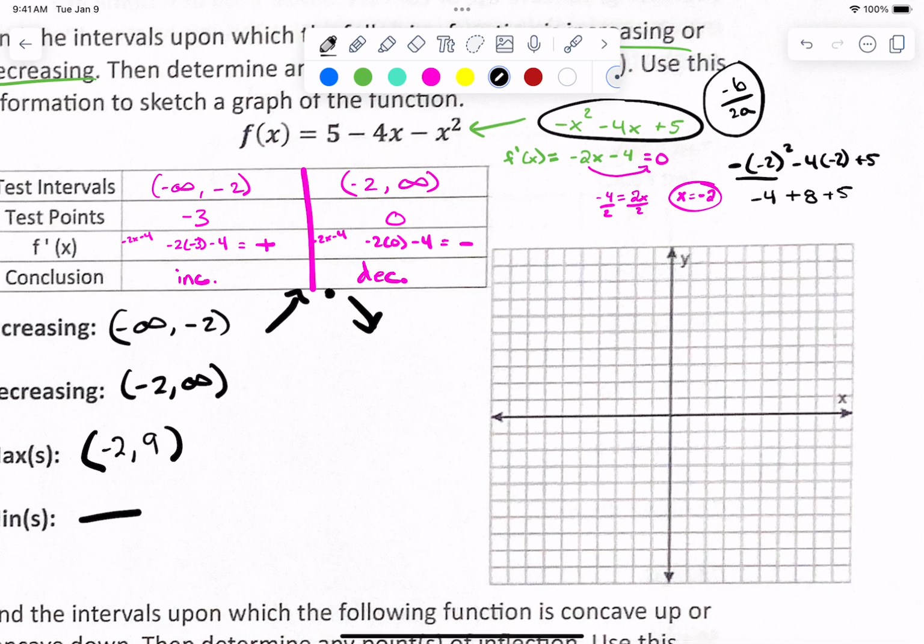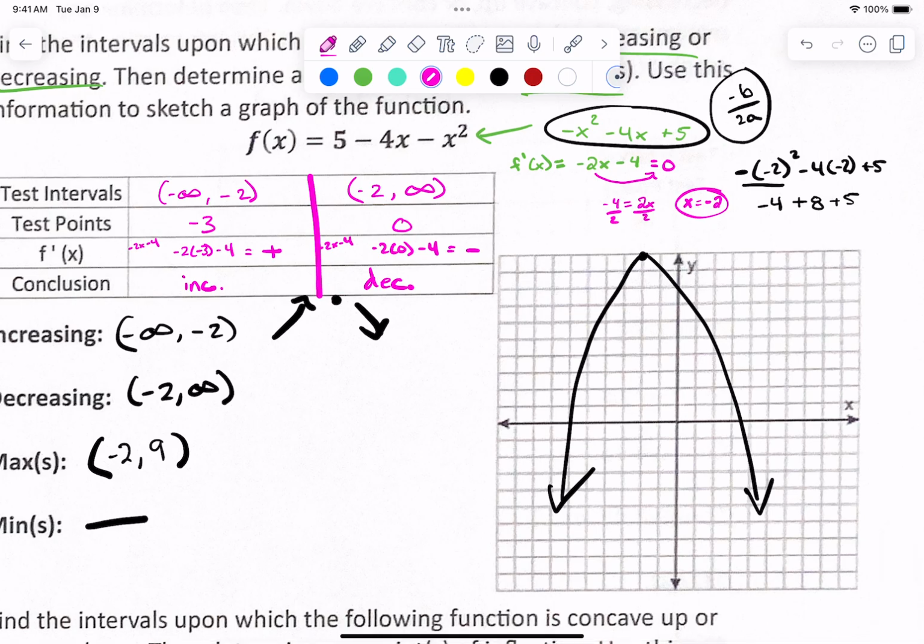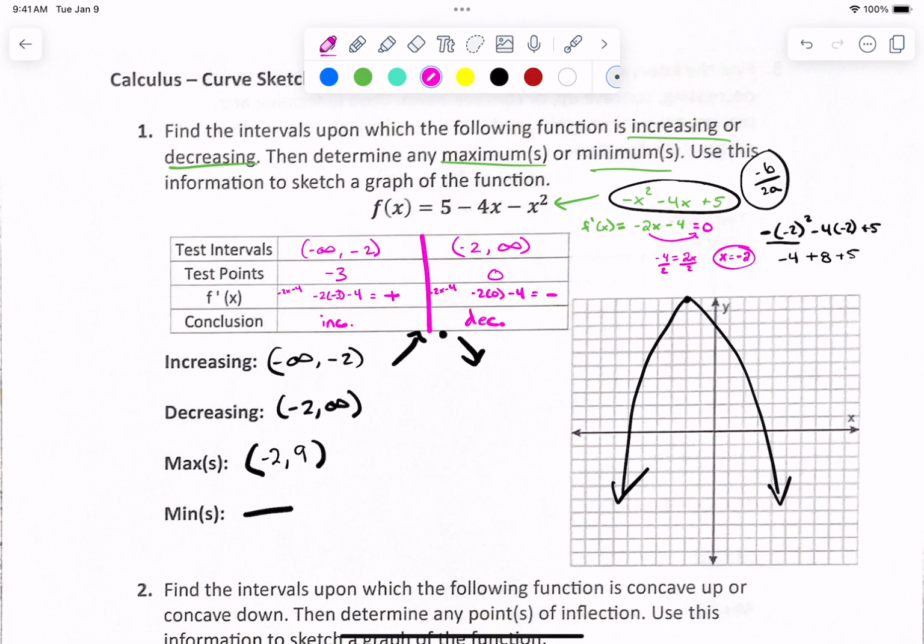So it is increasing on the left, decreasing on the right. It has a maximum at negative 2, 9. And for mins, none.